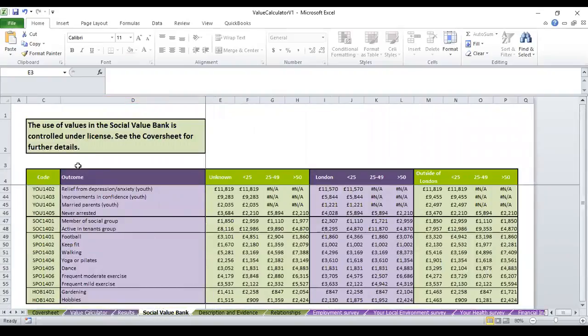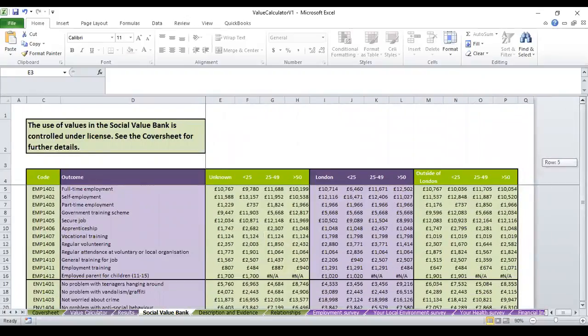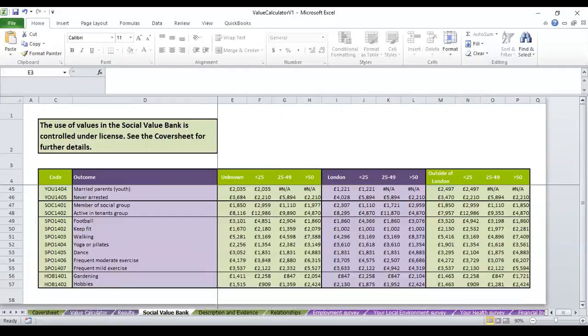And then on the social value bank, this is where they've got some financial values that you can use to look and include in your social impact reports. So if someone has gone into full-time employment or self-employment and you don't know their age, then they gave these particular values. Then they did them for people under 25, those 25 to 49 and over 50s. They also did the same for people within London and people outside of London. So there's quite a lot of good data in here.